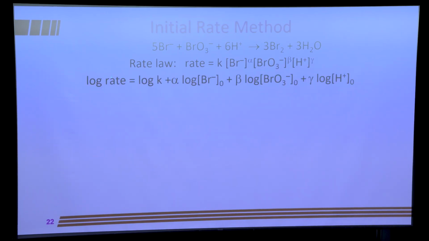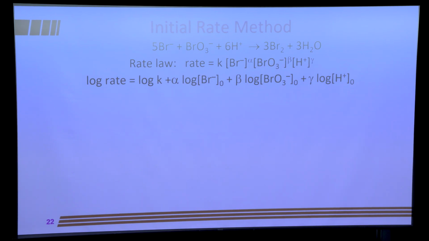So the log of the rate is equal to log of the rate constant plus alpha log the initial concentration of Br minus, plus beta log the initial concentration of BrO3 minus, plus gamma log the initial concentration of H plus.